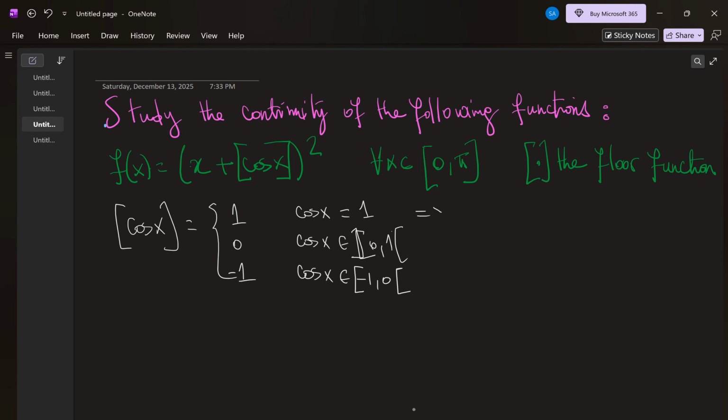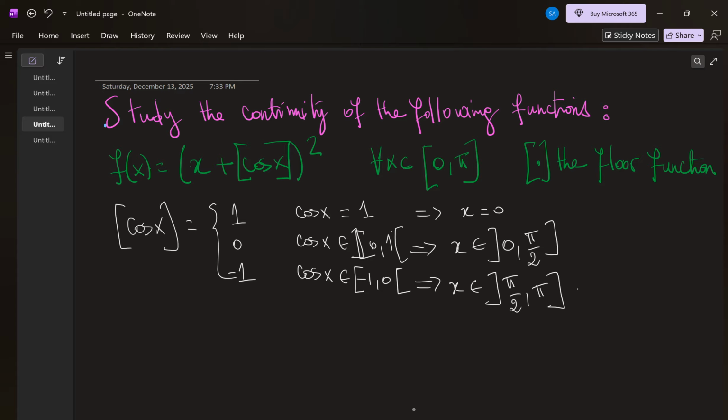The value 1 occurs exactly when x is equal to 0, the second case is when x is in the interval from 0 to pi over 2 closed, and the third case is when x is in the interval from pi over 2 until pi.